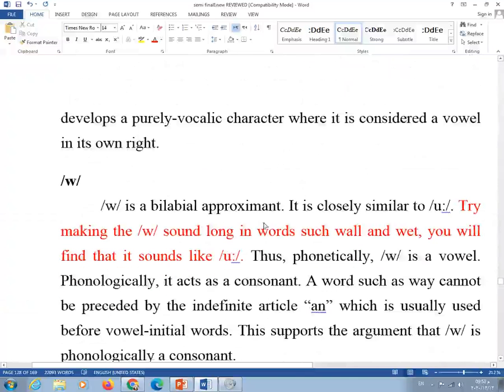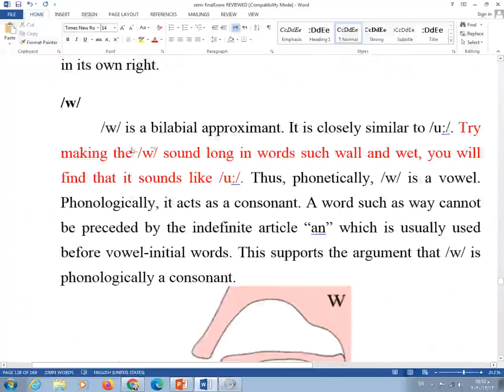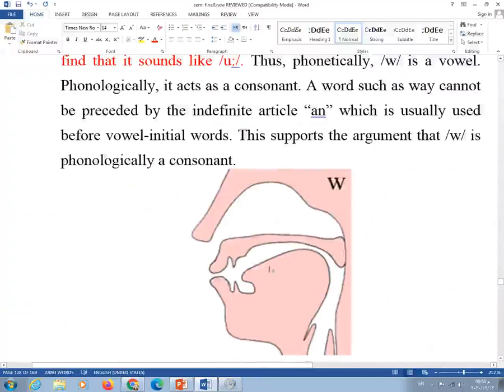We have W, which is a bilabial consonant. This is how W is pronounced. Look here. We find that this is the soft palate, guys. You can see it is the last part of the roof of the mouth, and it is shutting the nasal cavity, closing the nasal passage, and air goes through the mouth.